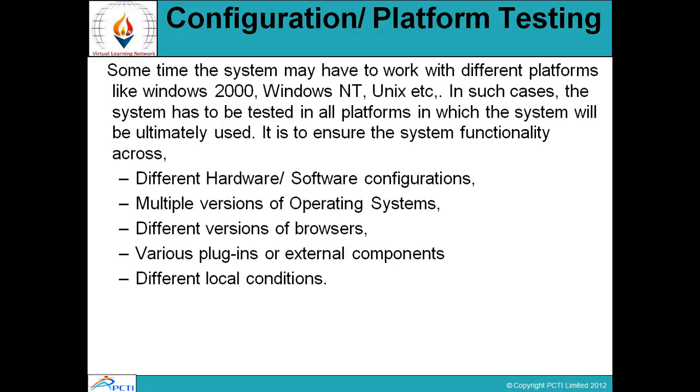So the software should be checked on different platforms, because as the platform changes, the system can change because the hardware and software change. Sometimes the software may create problems, so we must ensure there is no problem on different platforms, and different versions of the operating system can create problems.